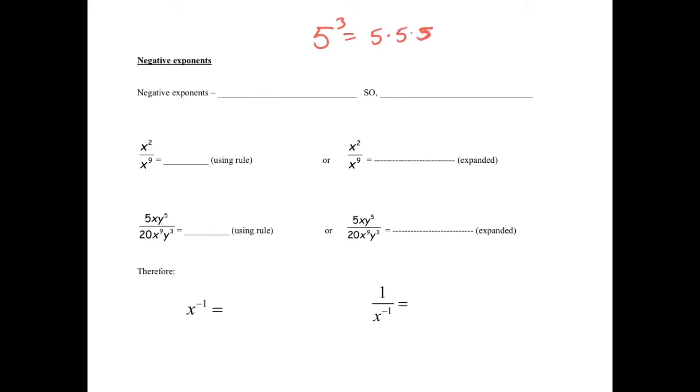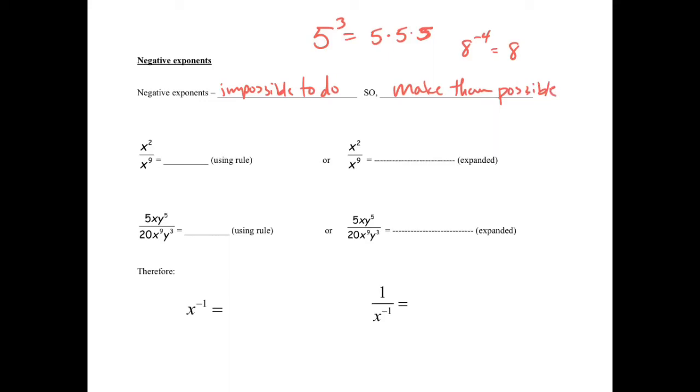So if I have 8 to the negative fourth, that means I take the 8 and I write it down negative 4 times. Can't do that. Negative exponents are impossible to do. So what we have to do is make them possible. And it's really not that hard to do, and you already probably know how to do it.